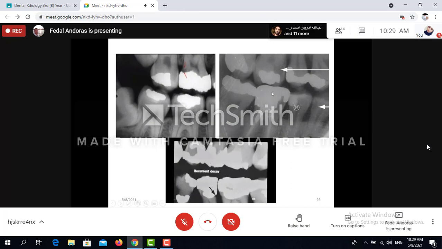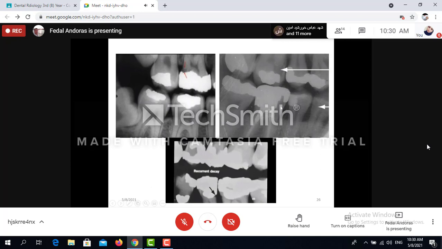So here, all these white radiopacities are amalgam. It might be that this is a composite restoration. See the radiopacity of the amalgam. It's metal, and the atomic number of amalgam is higher than composite. So the composite resembles, or is slightly more opaque, more white than enamel, but amalgam is a more whitish one.